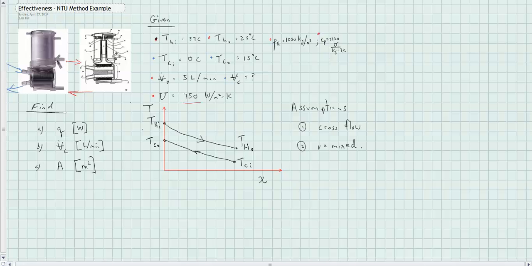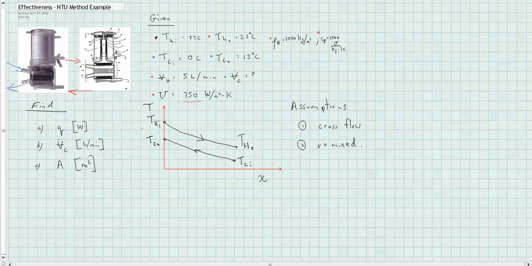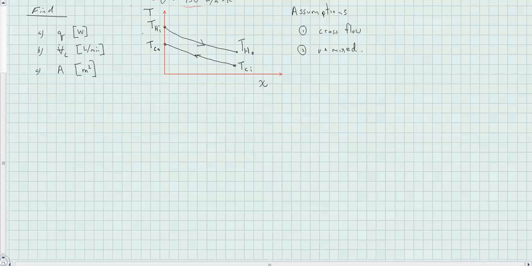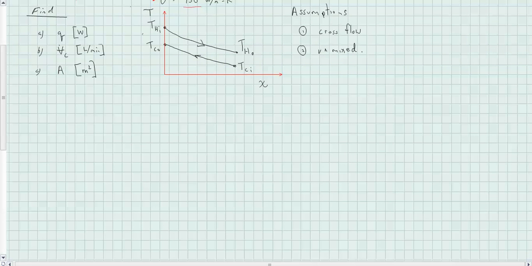So let's jump on this one. First goal is to calculate the Q, and so this is the analysis. Q equals what? Well, it certainly equals the heat transfer to the hot fluid, as well as heat transfer to the cold fluid.